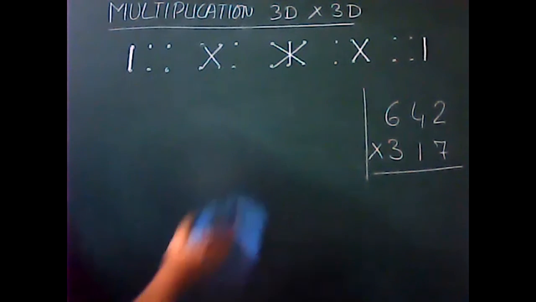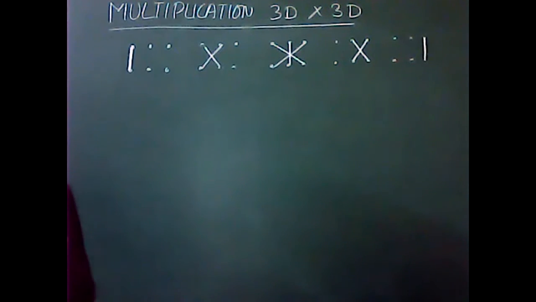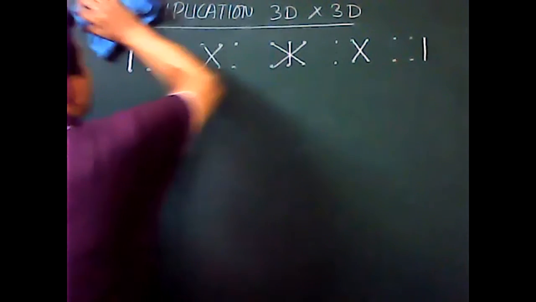Okay. So the next technique, and the correct answer is 203514. Now, the next technique is squaring a three-digit number.